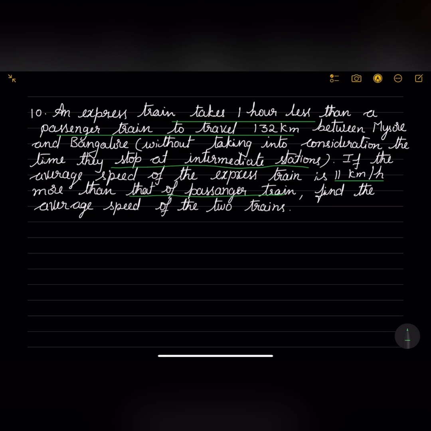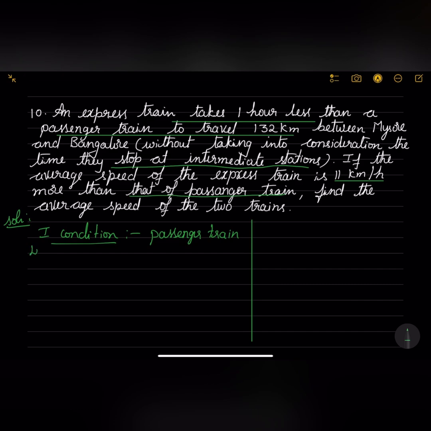Fine. We will take the first condition they have given for us. What's the first condition? It is for passenger train. Okay, take it for passenger train, the first condition.